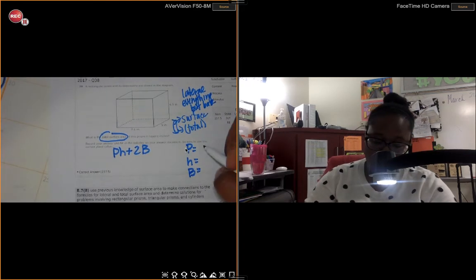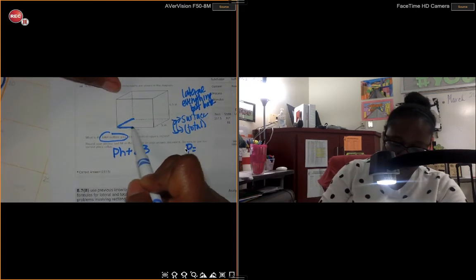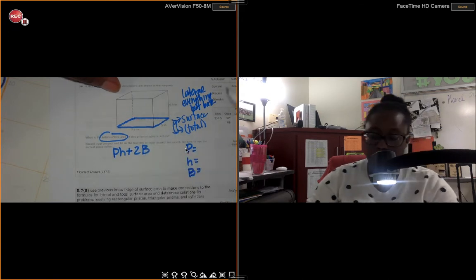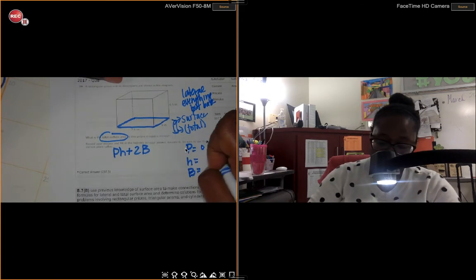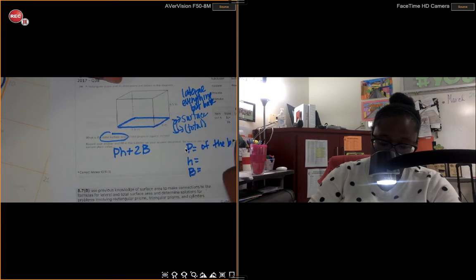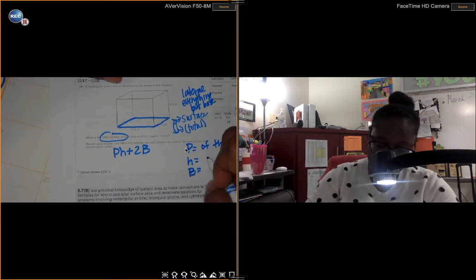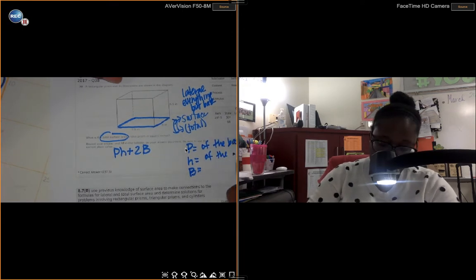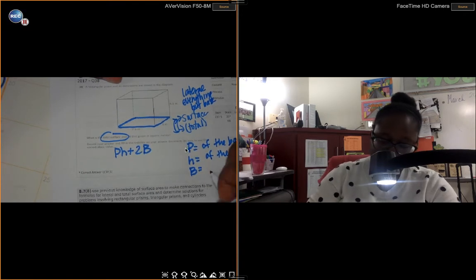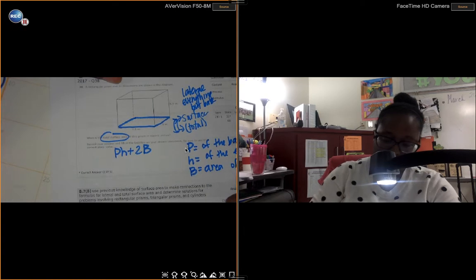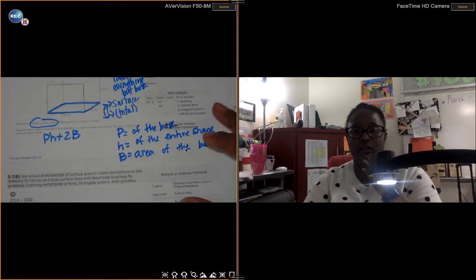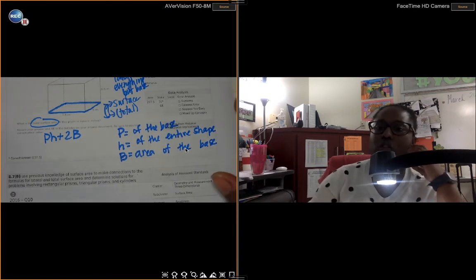The small p is the perimeter of the base. The h is the height of the entire shape. And big B is the area of the base. As long as you know what these letters mean, then you'll be really good.